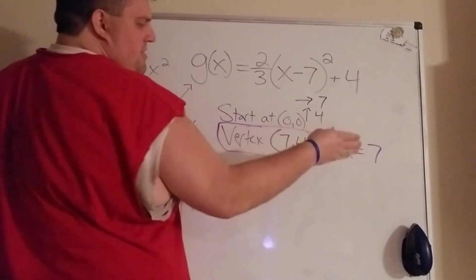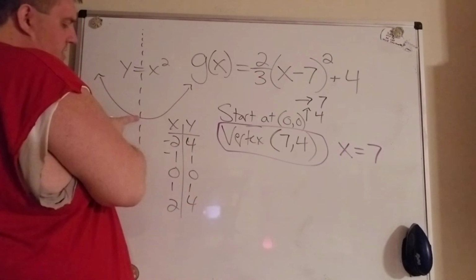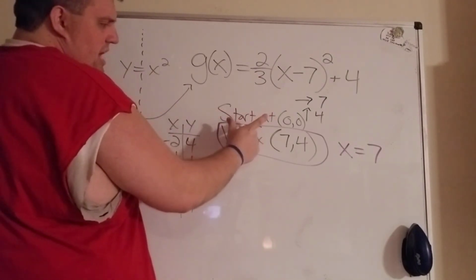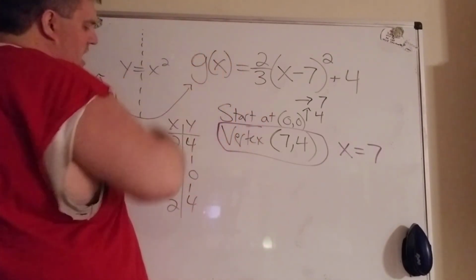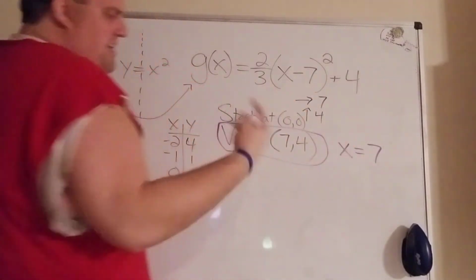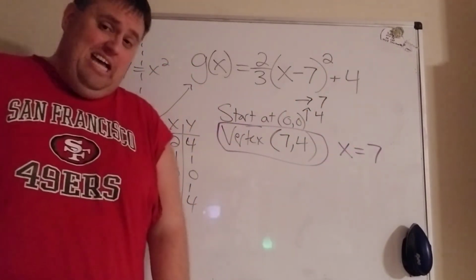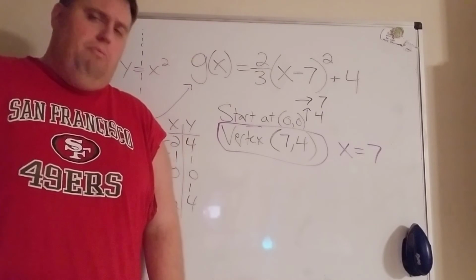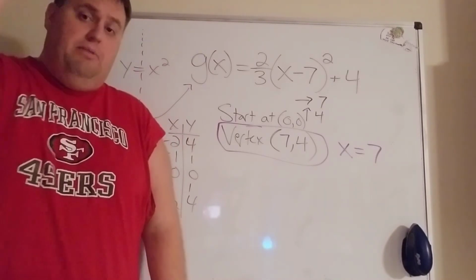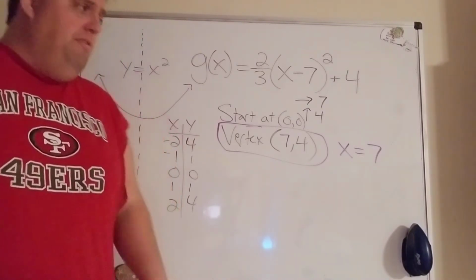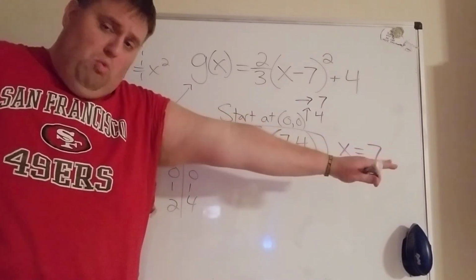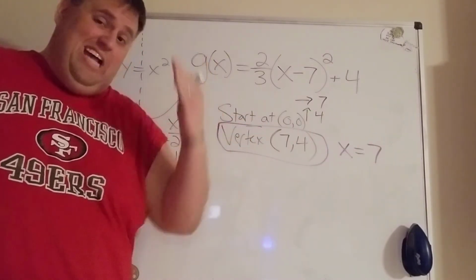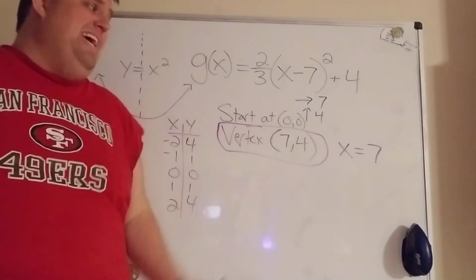If it's shifted to the right 7, think of this whole thing shifted 7 to the right. I would want this line to be at 7. It's always the x value that we're looking at, because it's going to be a vertical line of symmetry. We know that horizontal lines are y equals, vertical lines are x equals. So this is going to be x equals 7.